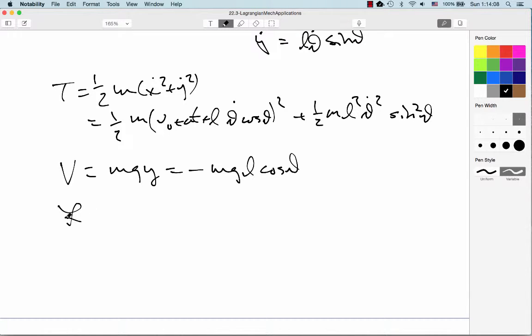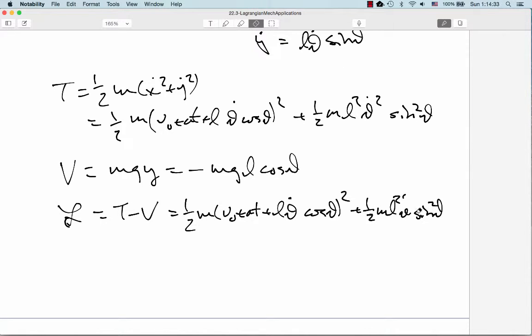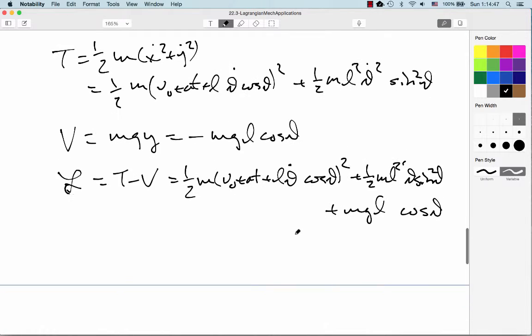So L is equal to T minus V. So it'll be 1/2 m times (v naught plus a t plus L theta dot cosine theta) squared, plus 1/2 m L squared theta dot squared sine squared theta, minus V means plus m g L cos theta. All right, so that's our Lagrangian.